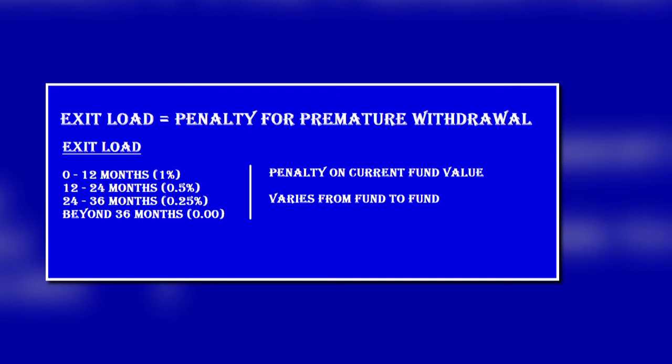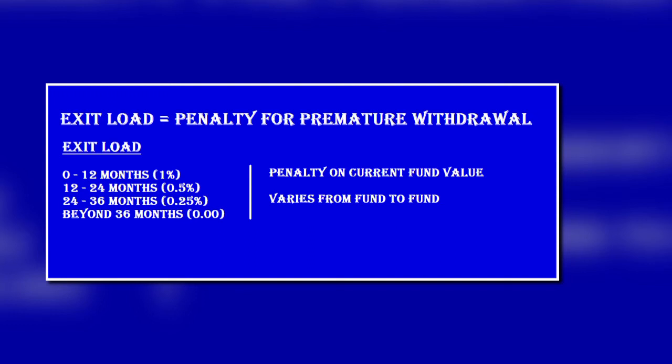Let's take an example. As you can see, exit load in this case is mentioned as percentages. So, this is how you interpret it. If you withdraw your money within the first 12 months from the date of your investment, then 1% from the final value of your investment will be deducted as exit load at the time of redemption. If you withdraw within 12 to 24 months, then 0.5% is deducted.